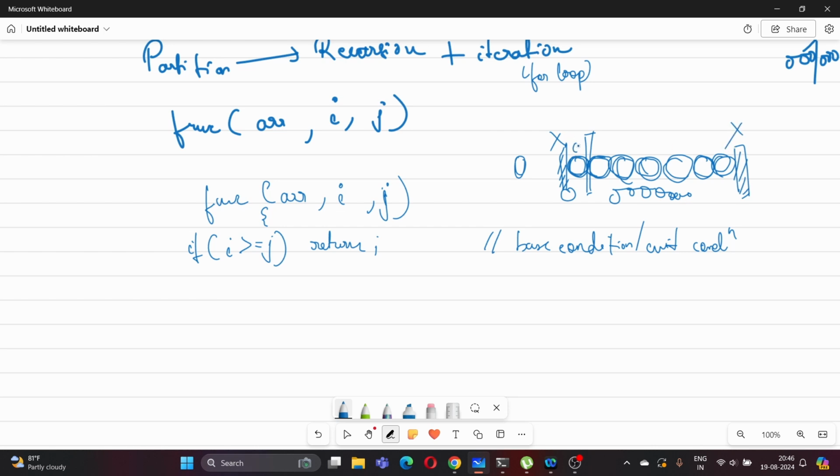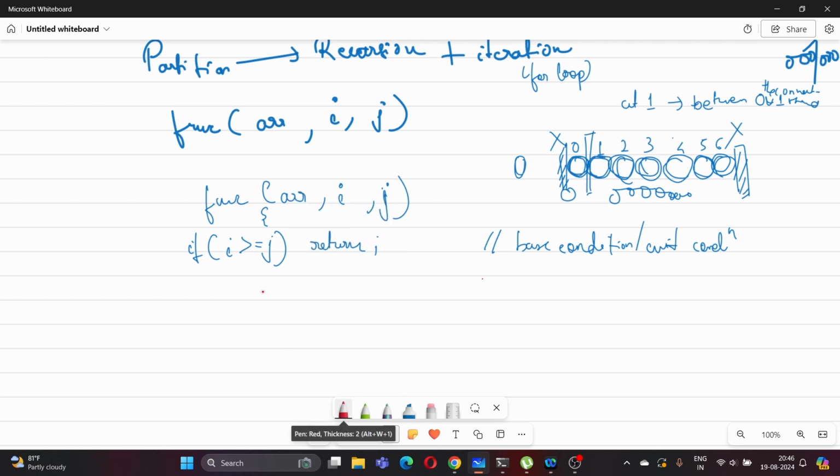So if this is the 0th pearl, 1st pearl, 2nd pearl, 3rd pearl, 4th pearl, 5th pearl, 6th pearl, right? I can cut it when I is at 1. When I say at 1, I mean between 0 and 1, the connecting rod, the connecting thread. Let's make it more clear here.